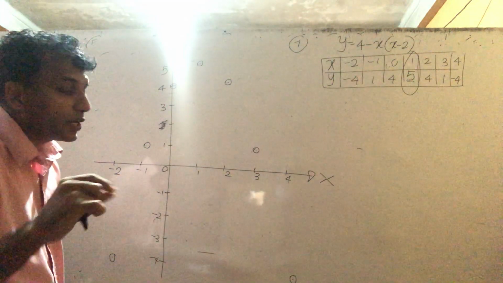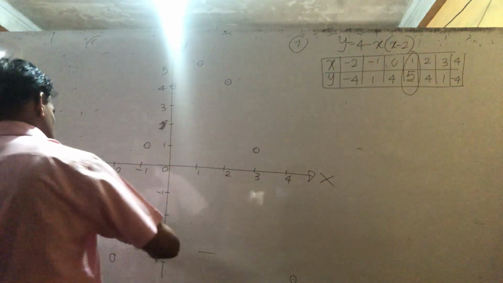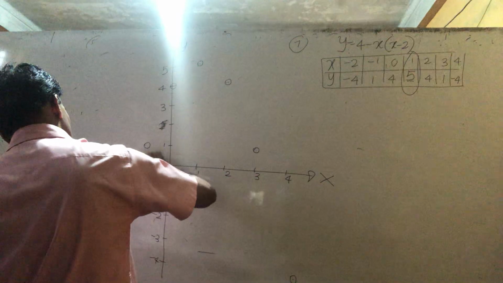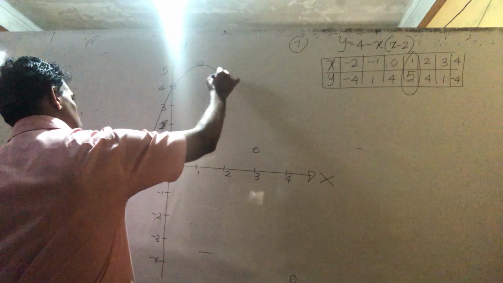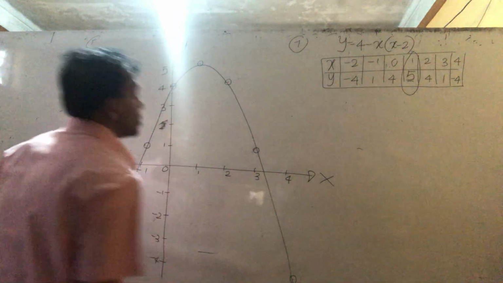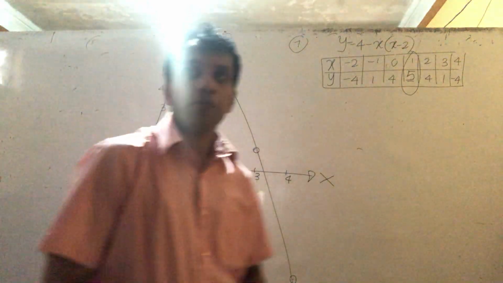So take a pencil and draw a smooth curve. This is the maximum parabolic shape.